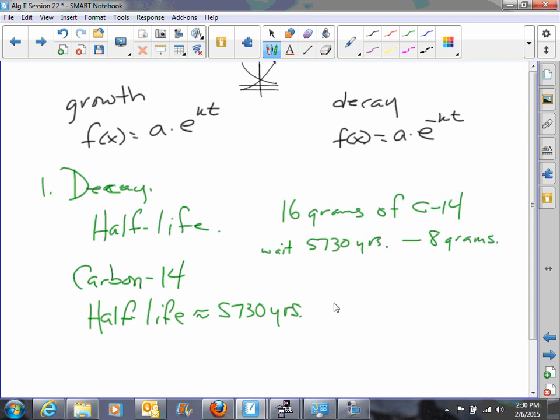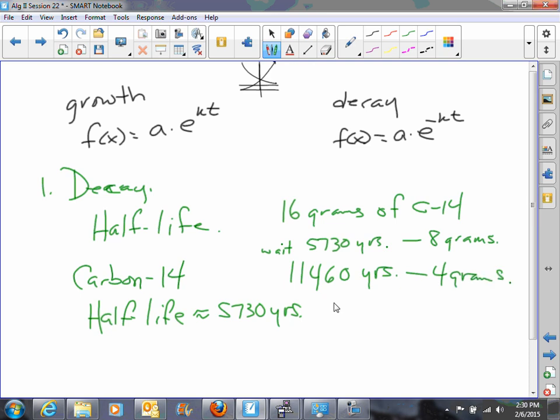Now, there will probably be some other substance, maybe non-radioactive carbon, mixed in with this substance after the 5,730 years, but only 8 grams of the carbon-14 will be radioactive carbon-14. Now, after 11,460 years, which is 2 times 5,730 years, there will be 4 grams of carbon-14 left.